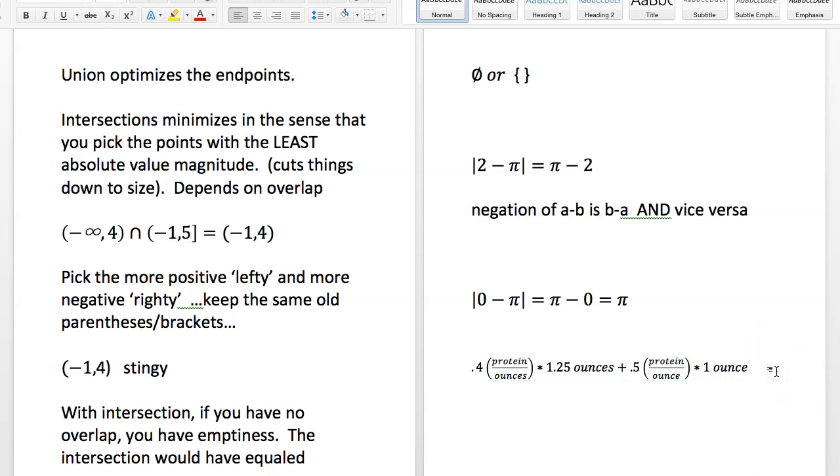What's going to happen here is I'm going to get 0.4 times 1.25, and the ounces cancel each other out, and I get 0.5 here, and 0.5 here, and multiplication by 1 is of no real avail. So I get 0.5 plus 0.5.